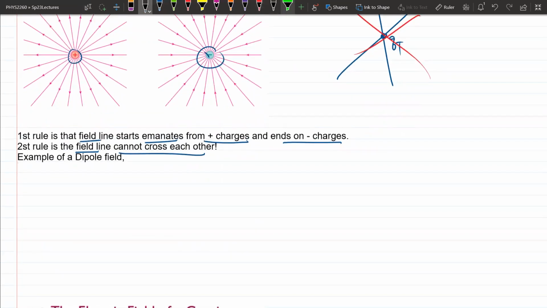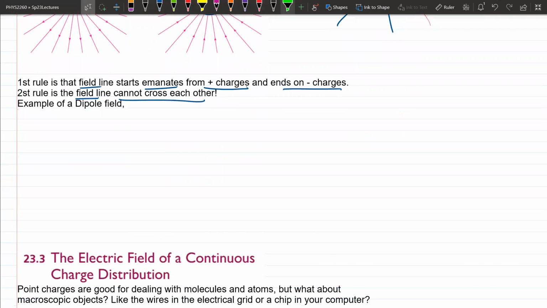So if we have a dipole, meaning you have one positive charge and one negative charge, how should those electric fields look? The first thing is that the field is going to emanate from the positive charge, but it has to end on the negative charge. Maybe the simplest one is the one that goes straight like this.